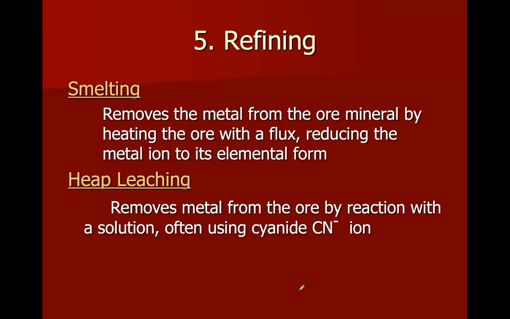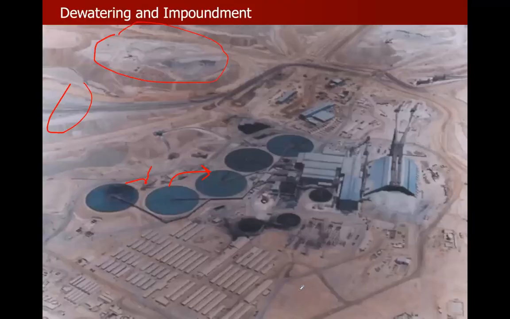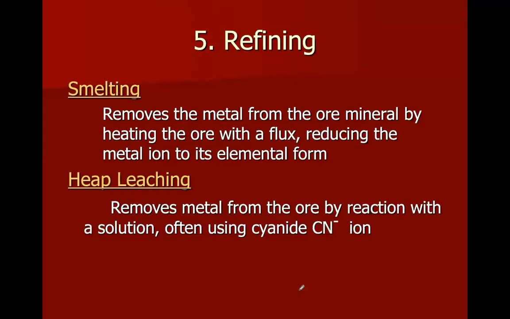So after that, finally, what you have to do is refining, right? Refining is very important, because some materials need refining. Some materials might not need a refining process. After the previous steps, they can be taken straight to the market. But in some cases, some material needs smelting, right?